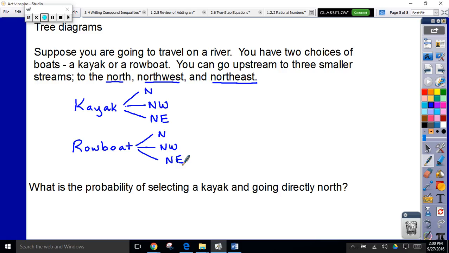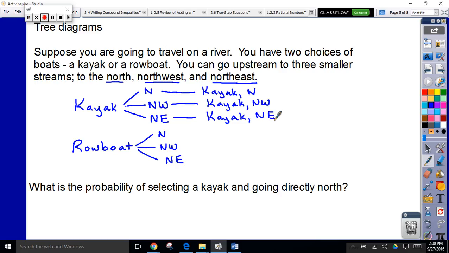So now I have a list of all of my different possibilities. I could be in a kayak going north. I could be in a kayak going northwest, or I could be in a kayak going northeast. Then I also have my 3 rowboat choices.